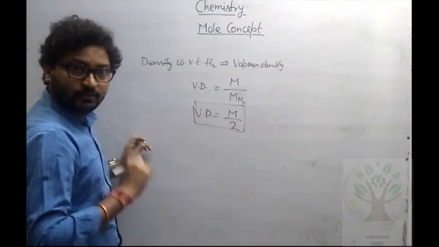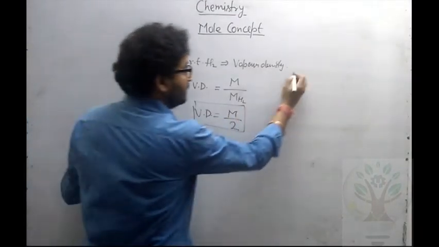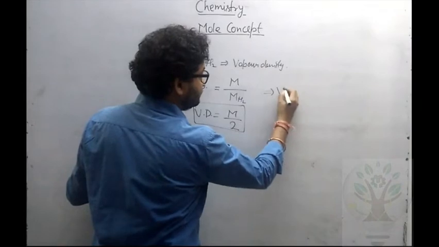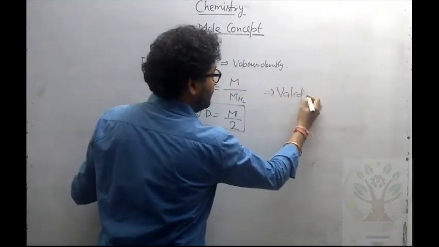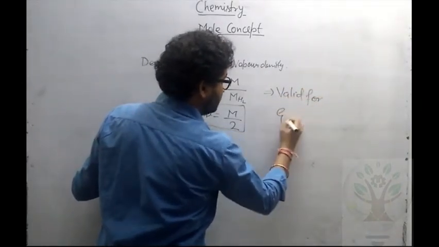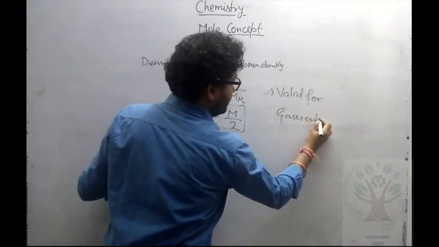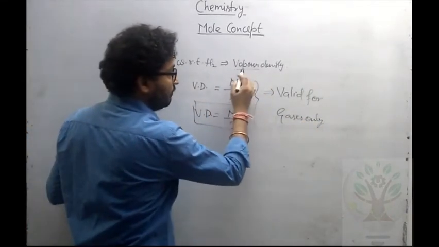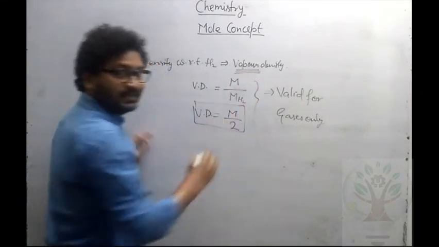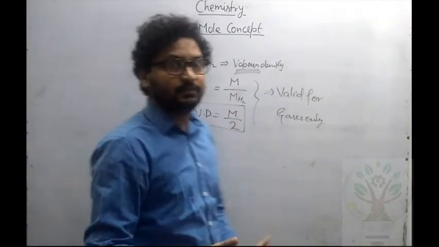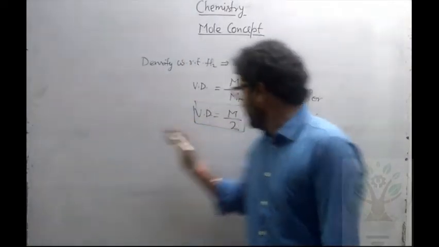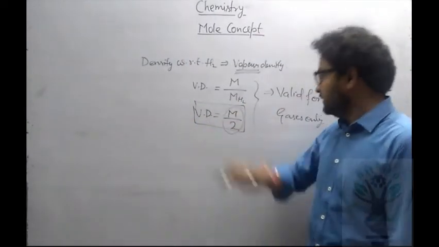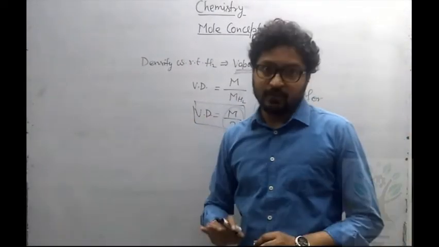I hope you know this. But remember one thing: this is valid for gases only, because I am talking about vapor density, which means I am talking about vapors. Please don't apply this formula to liquids or solids.